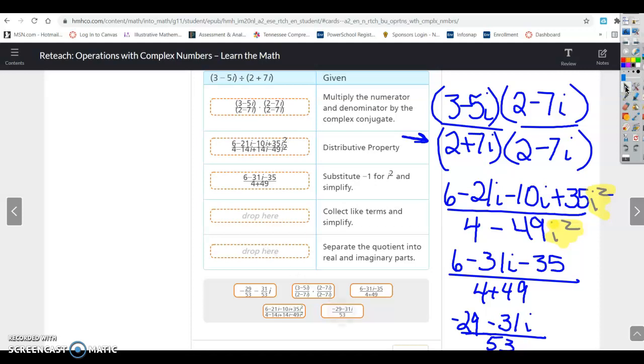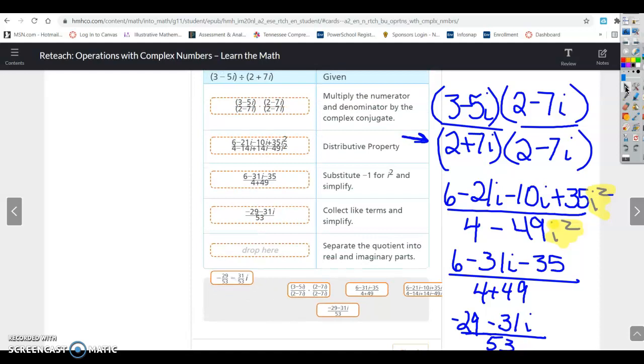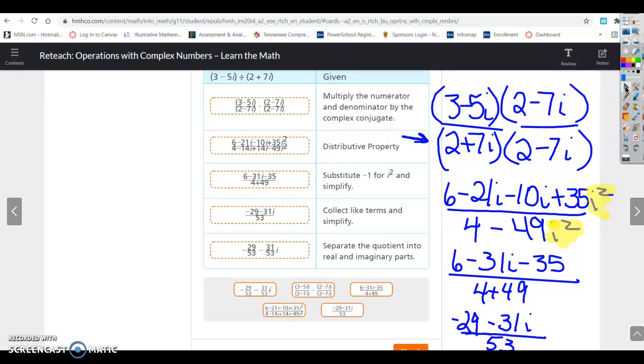And then we are going to separate the quotient into real and imaginary parts. So that's just writing it in the correct form as far as putting it in imaginary form. So this answer here is correct. If they want us to write it in the form a plus bi, that's why we separate the two terms. So it's just negative 29 over 53 minus the 31i over 53.